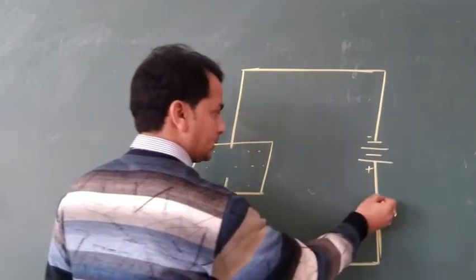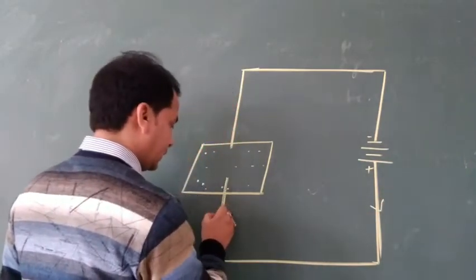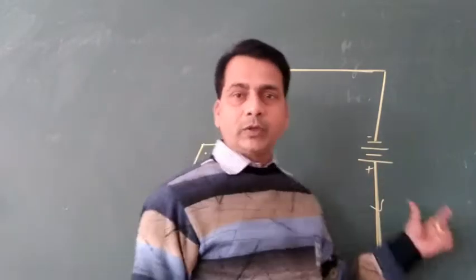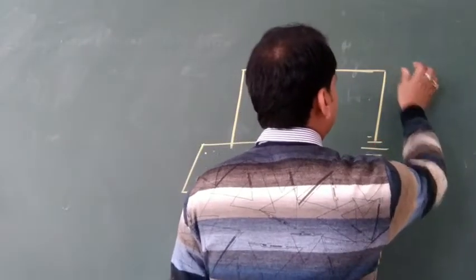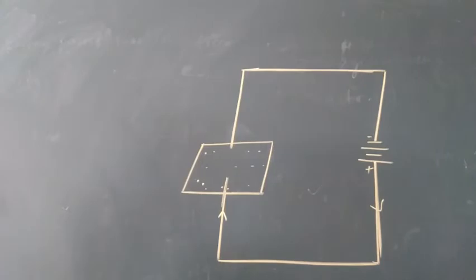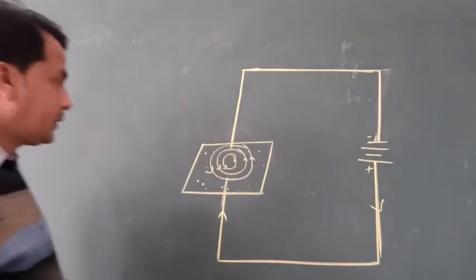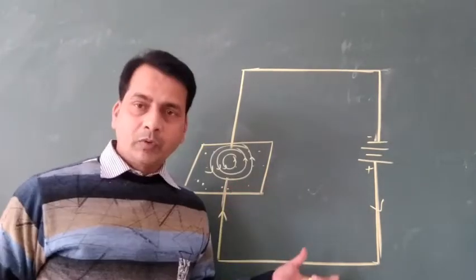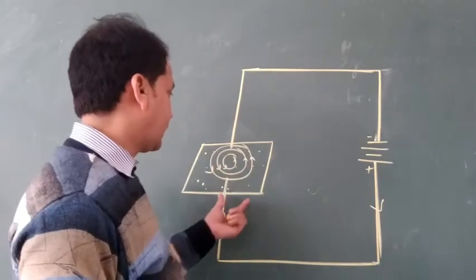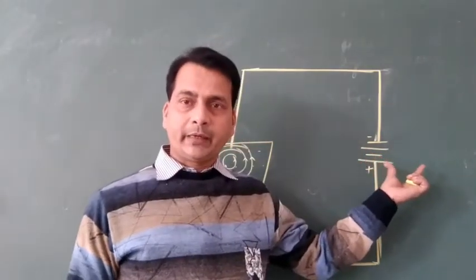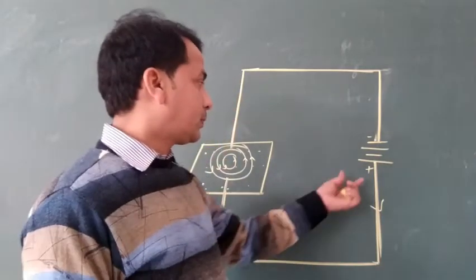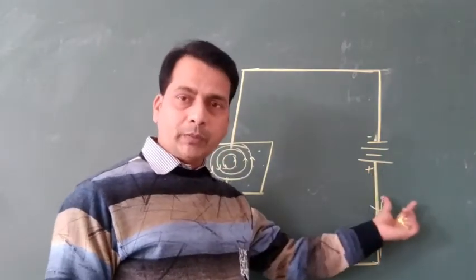The direction of current is from the positive terminal to the negative terminal. So here is a cardboard with a wire passing through it, connected to a battery. Here the current flows from the positive terminal to the negative terminal.